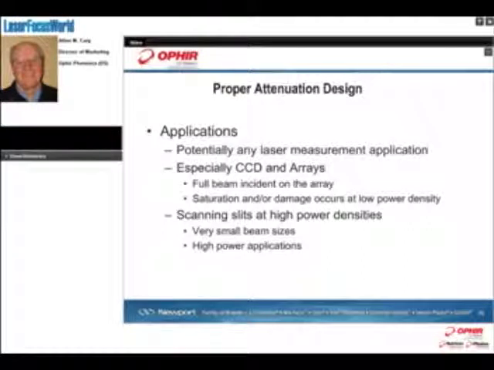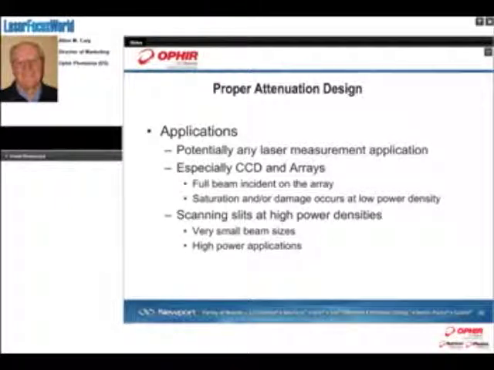Second of all, they take the entire beam focused onto them or incident on the array, which means that, unlike a scanning slit, which is only taking a very small portion of the beam at any one time and putting it on the sensor, with a CCD you're putting the full beam incident on the array. So it's at very low power. We're talking well below the power that lasers come in. You're going to saturate that CCD array. And in that case, you can even damage them, depending on the wavelength and certainly depending on the power levels.